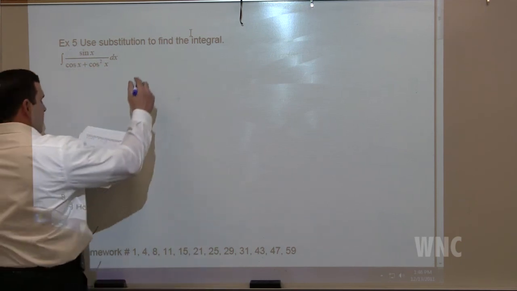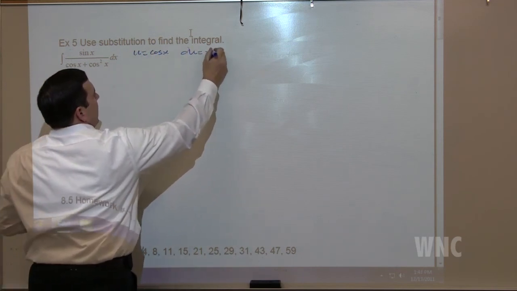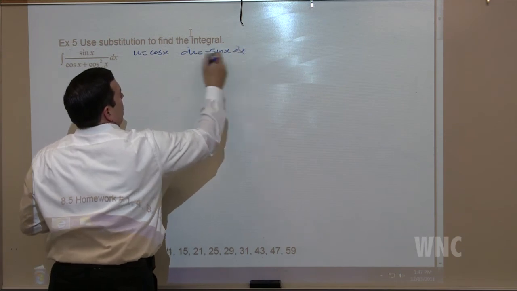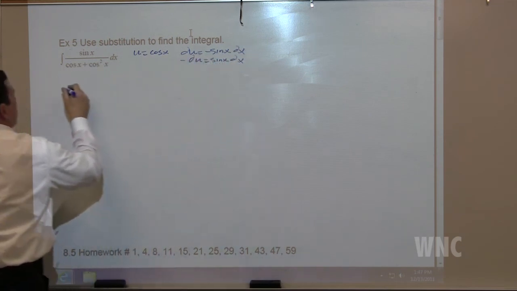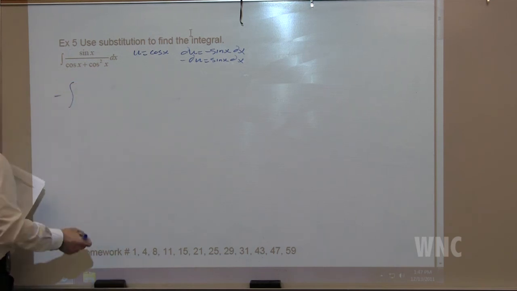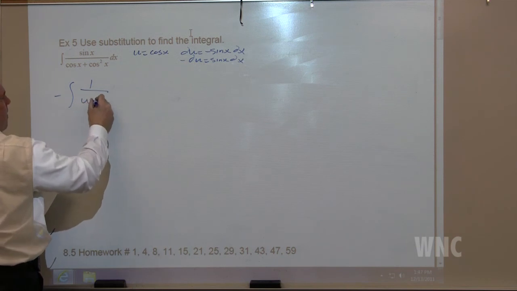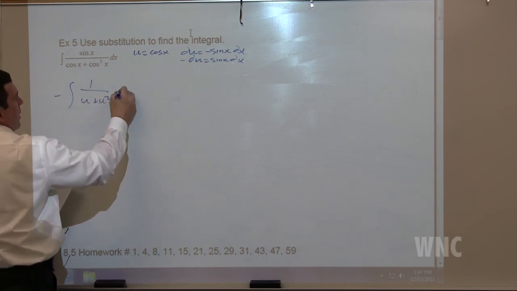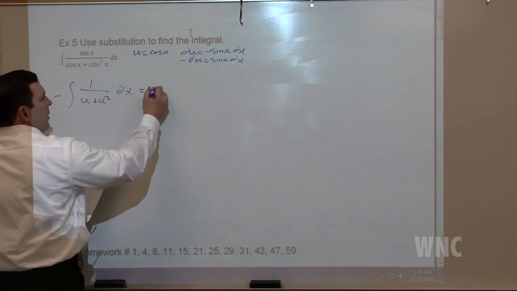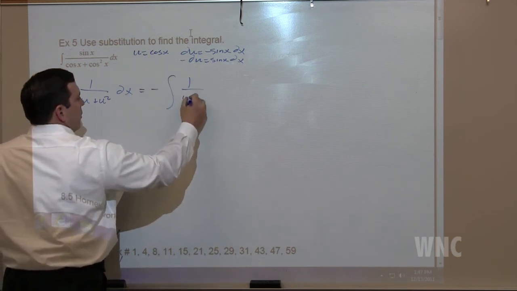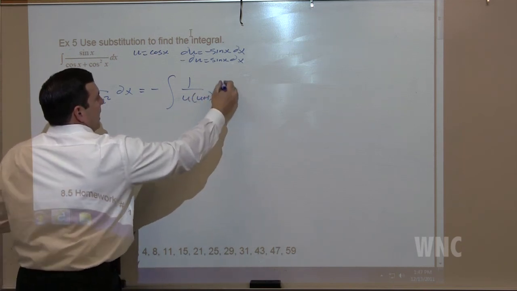If I say u equals cosine x, my du is going to be negative sine x dx, and so of course negative du is sine x dx. So we'd have the integral of, put the negative out front, 1 over (u plus u squared) du. That's going to be negative integral of 1 over u times (u plus 1). I like to do it in descending order.